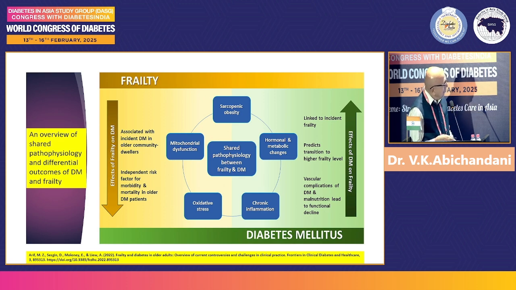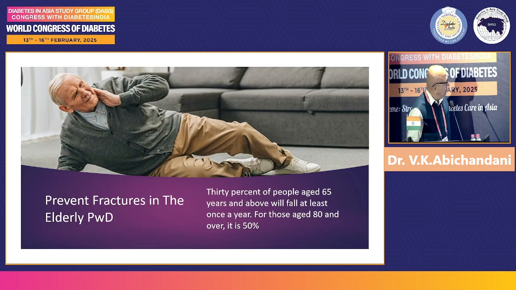Starting at the top, sarcopenic obesity, hormonal and metabolic changes, chronic inflammation, oxidative stress, and mitochondrial dysfunction. So once the elderly diabetic person develops frailty, then he is very likely to encounter falls and fractures, and he's going to have a bad prognosis in the future. So we have to address both simultaneously.